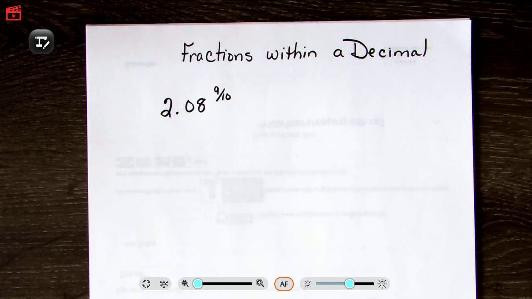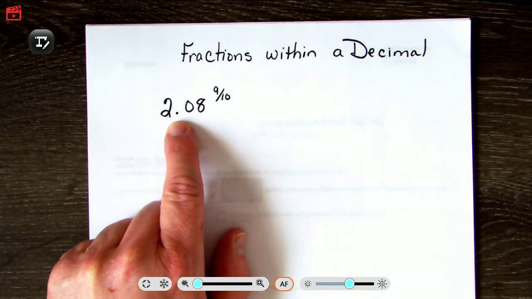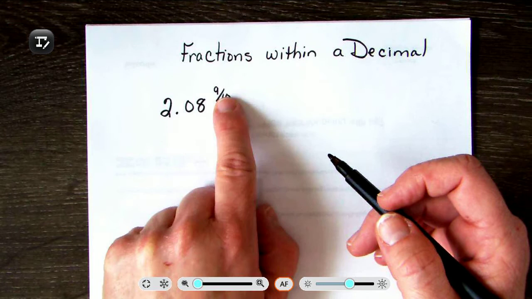Well, first of all, how this would be read, if you can remember, we talk about the decimal point being the word and. We're also going to actually see the word and pop up twice, because there's going to be an and here as well.